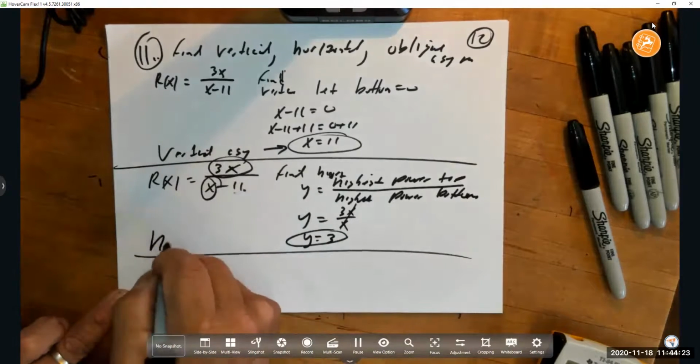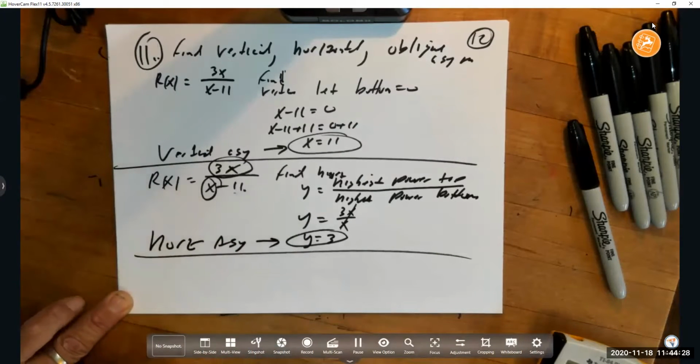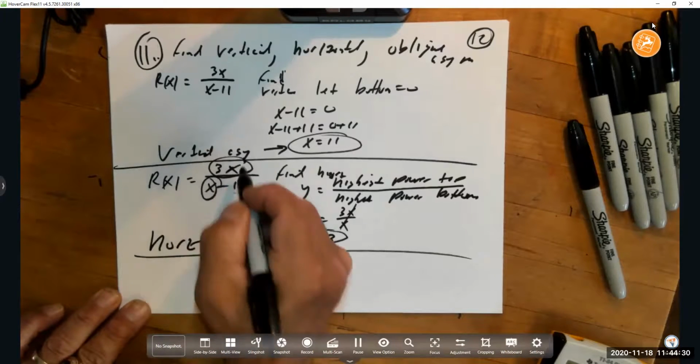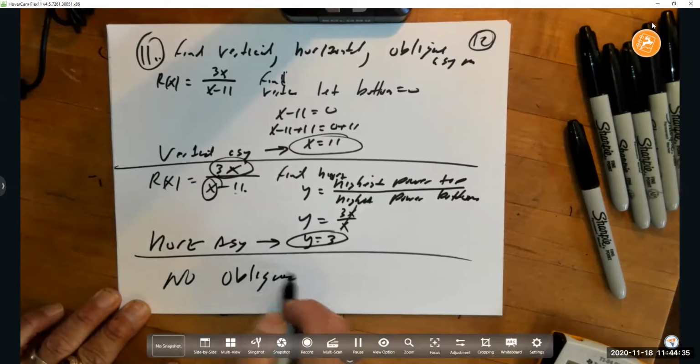So the horizontal is going to be down right there. And since this is a 1 and a 1 power, it has no obliques. No obliques.